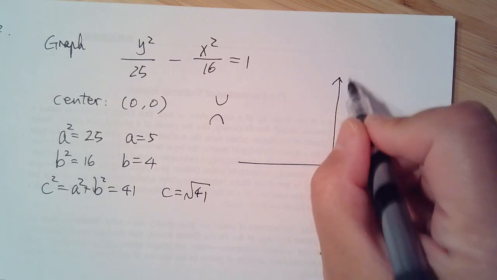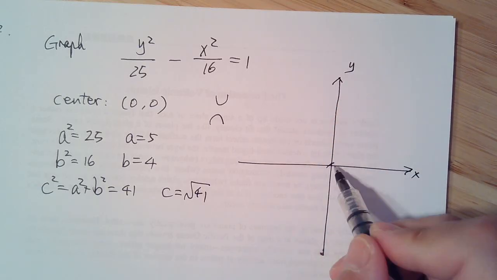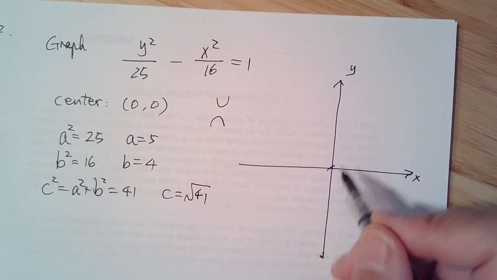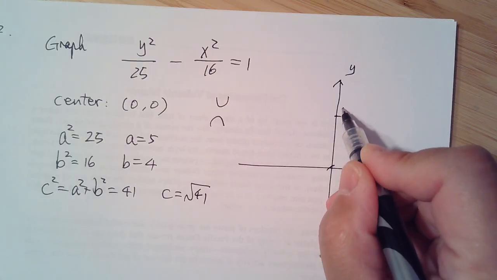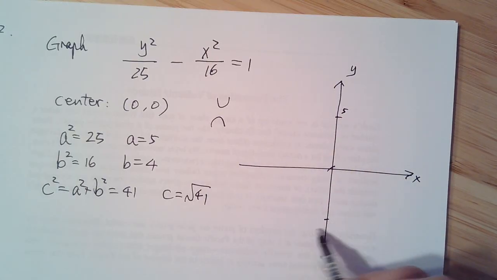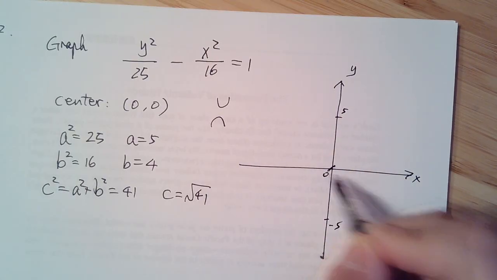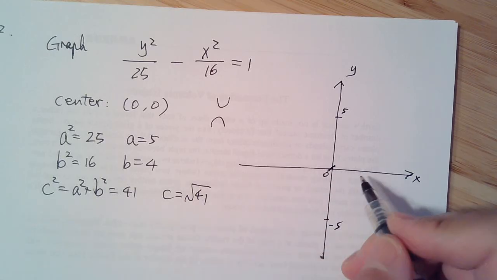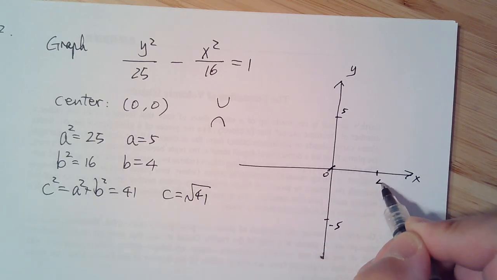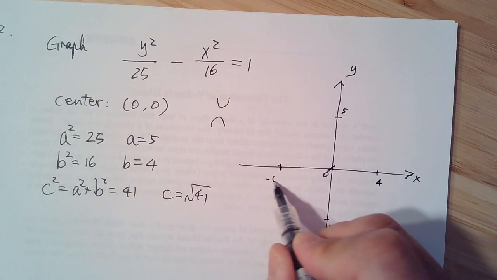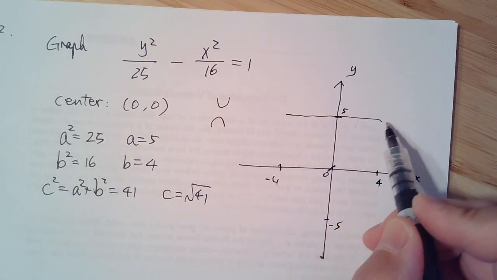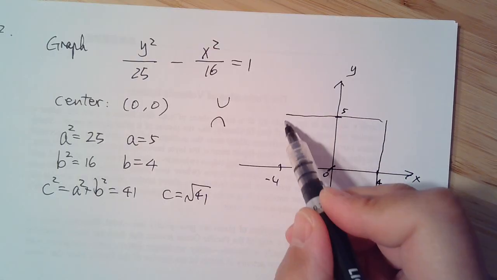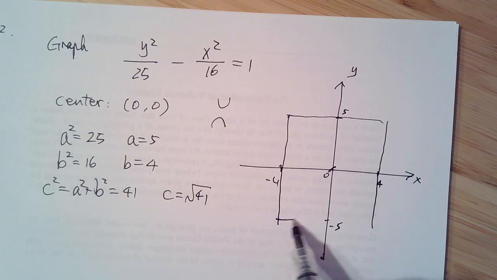If I ask you to graph, you're going to get something that looks like this. This is x, this is y, here's the center, and you go up and down by a, so you go up and down by 5, and here's -5, here's 5, and then go left and right by b, so it's just slightly smaller, 4 and -4, and then you can get this box.